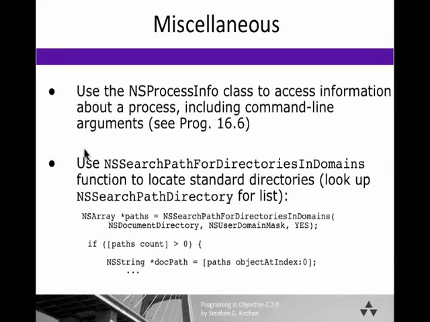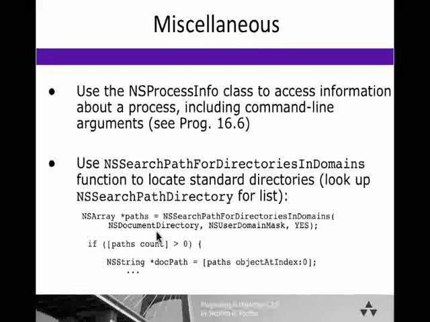And there are a couple of examples in the text that show you how to actually do that. The other thing I wanted to talk about is a function called NSSearchPathForDirectoriesInDomains, which allows you to find things like the user's document directory, or some of the other standard directories, such as the library directory or the system directory.